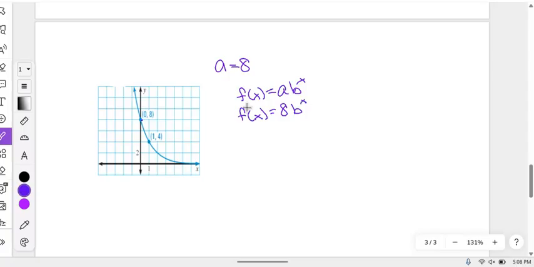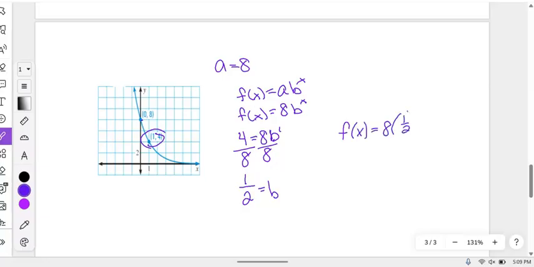To find what my b is easily, I'm going to use this point (1, 4) and plug that in for x and f of x. So I have 4 equals 8b to the first power. Then I can divide by 8. So 1/2 equals b. So I'm going to have f of x equals 8 times 1/2 to the x power. And there you have it.